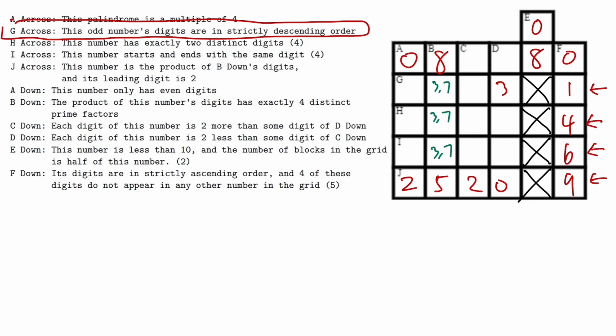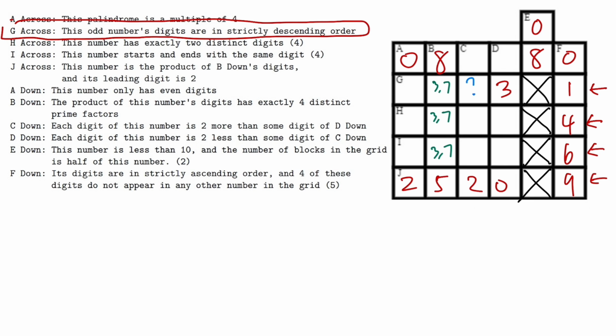Yes. And how about can we end with 5? Well, if we end with 5, that means this right here would be 6, 7, and 8. But this right here is 6, which repeats, so no good. And similarly, if you end with 7, that doesn't work either. So in fact, G across must end with 3.